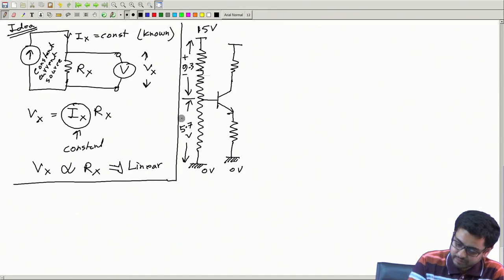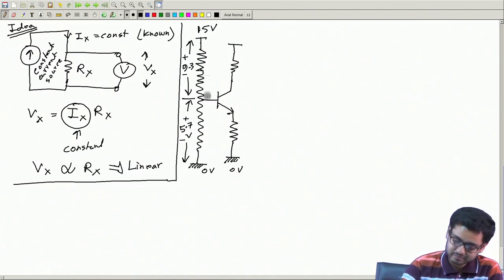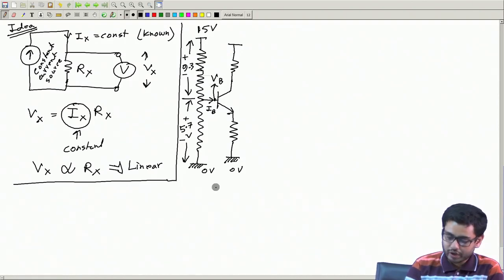Plus side, minus side, plus side, minus side. Okay. So, this gives me 5.7 here. This current you call IB. This point you call VB, voltage. Okay.